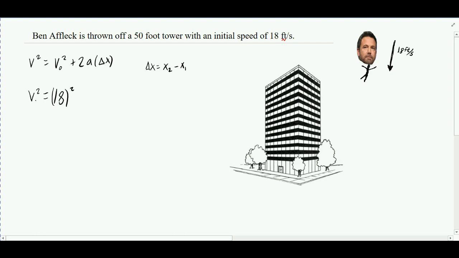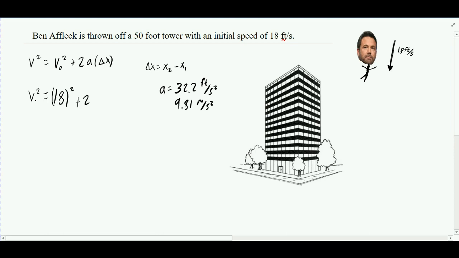Well, the acceleration of gravity is a equals 32.2 feet per second squared. That's a constant. That's gravity. If it were in metric, it'd be 9.81 meters per second squared. Okay, but we're not in metric. Always pay attention to that too. We are in the American units.